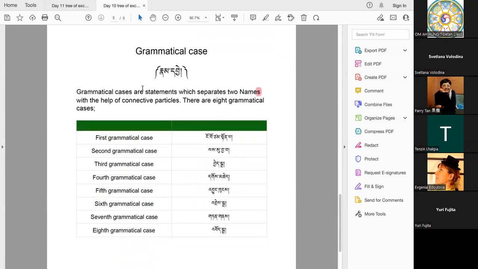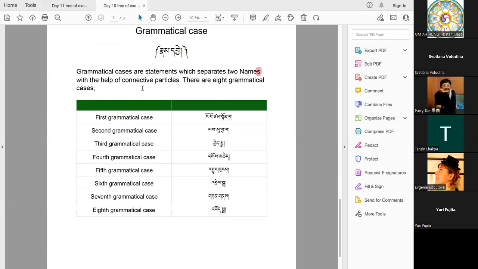Okay, so 8 grammatical cases. Grammatical cases are nothing but usage case. The thing that we just mentioned in the above, it's a usage case. There are more than 8 usage case, but these are 8 special usage cases that we have brought out of those other usage cases.